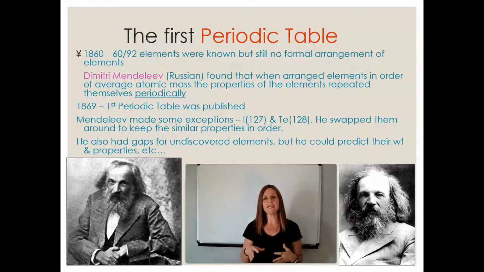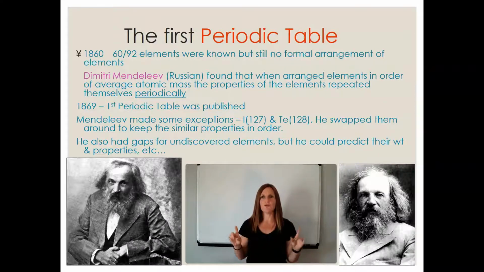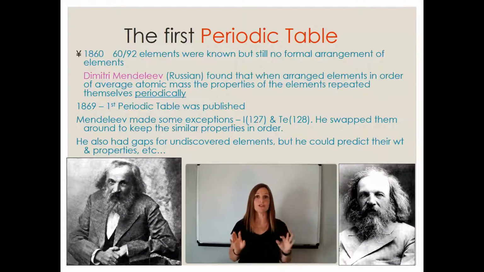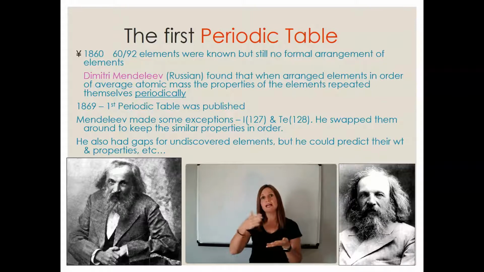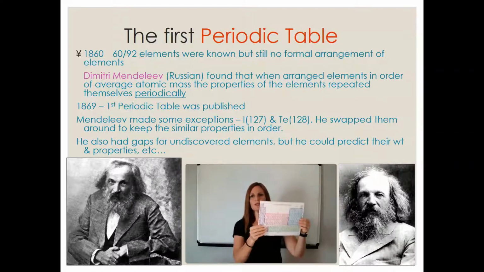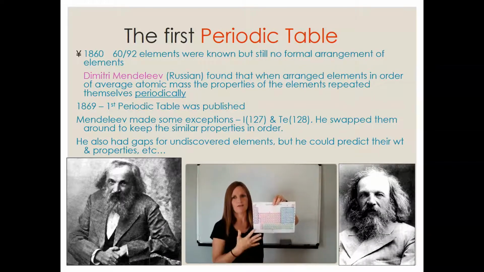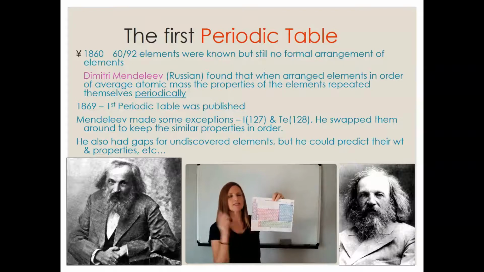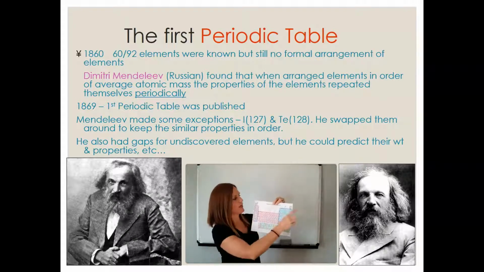So what he did is he saw that if he arranged them according to their average atomic mass, they lined up so that elements in the same column had similar properties. So he started, and he didn't have all of these elements, but he took 60 elements and he arranged them.